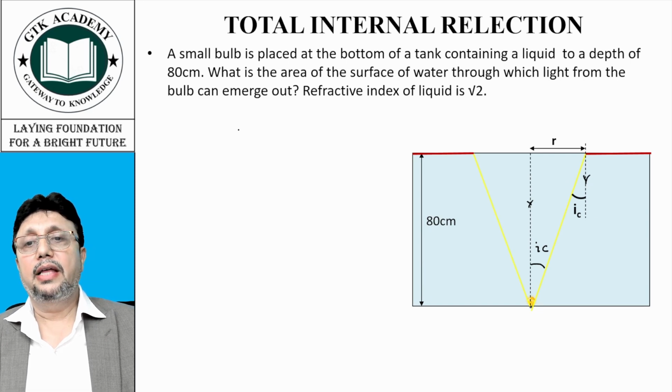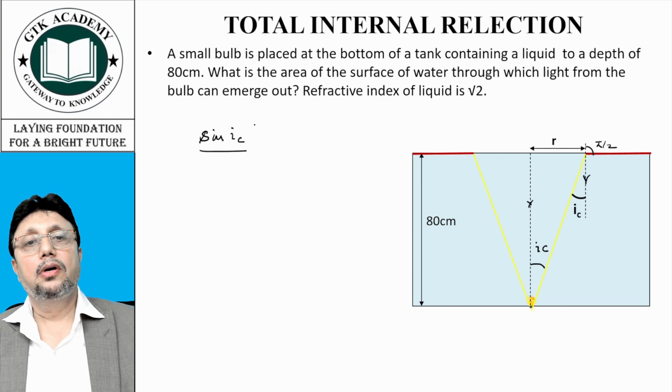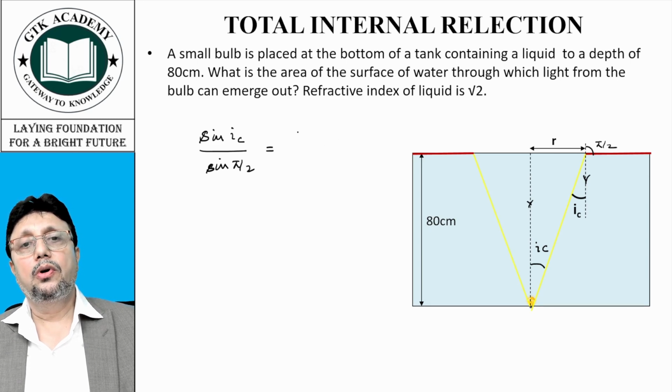this angle is also IC, because these two lines are perpendicular to the surface and they are parallel hence. So that means sine IC upon sine pi by 2, as per Snell's law, is equal to 1 upon refractive index of the material, which is given as under root 2.